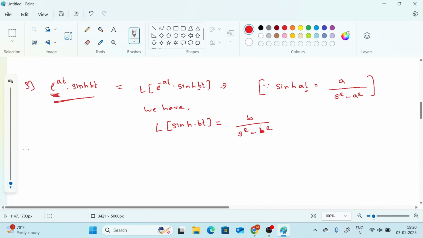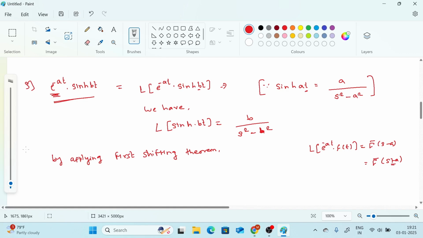Now by applying the first shifting theorem. What is the first shifting theorem? Laplace of e raised to at f of t is f bar of s minus a. The change is that here we have a minus sign, so it will be f bar of s plus a. Only you are going to change the sign to plus.